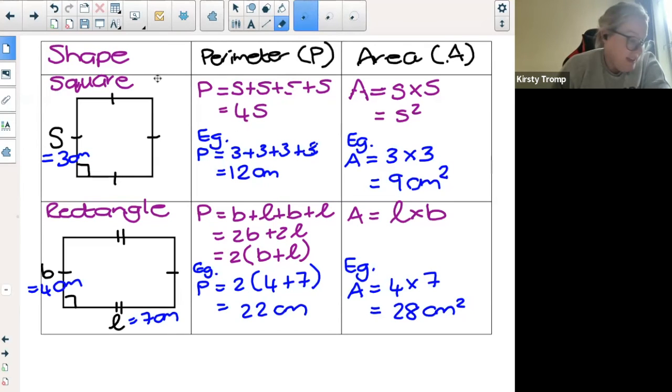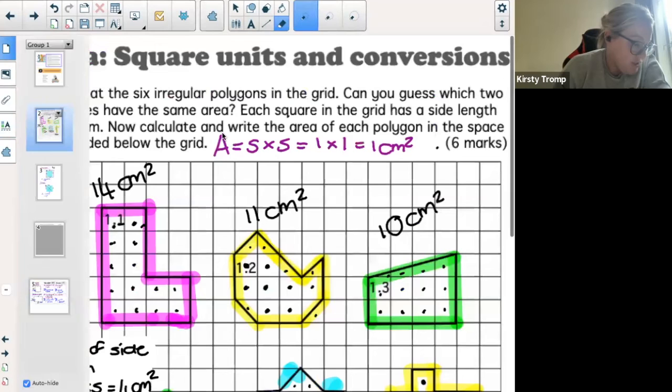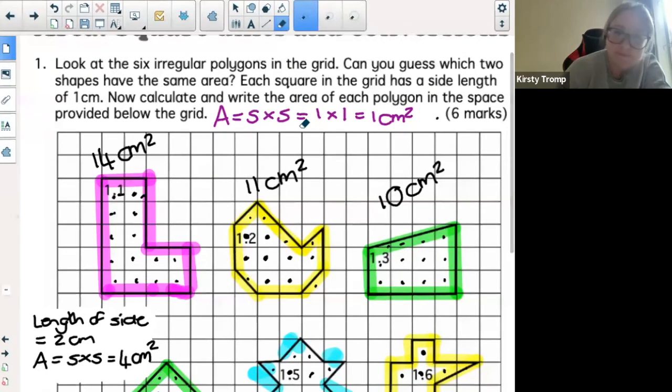All right, we're going to go back to this worksheet quickly because Amishle had a question. Talk to me, which question do you have? For number 1.1, you see where the top square is?